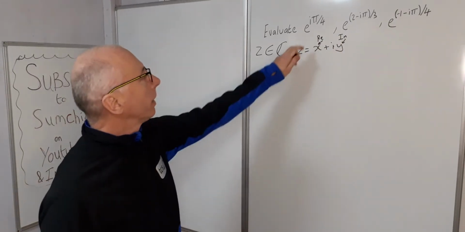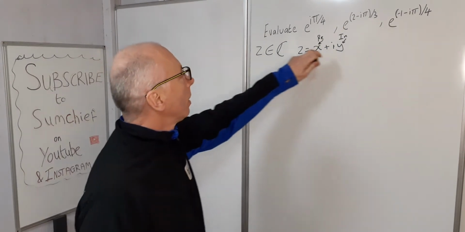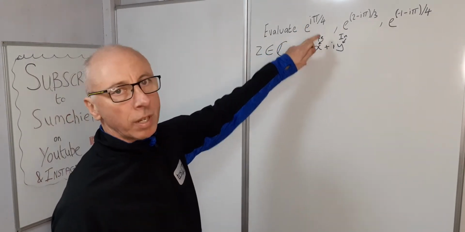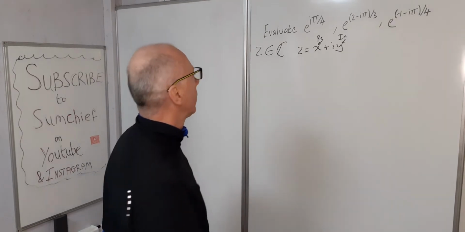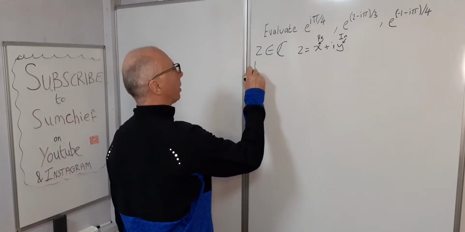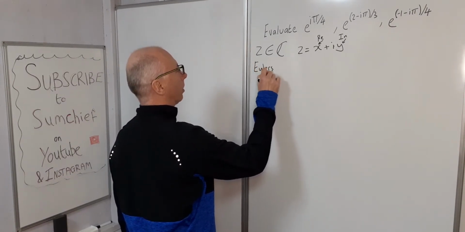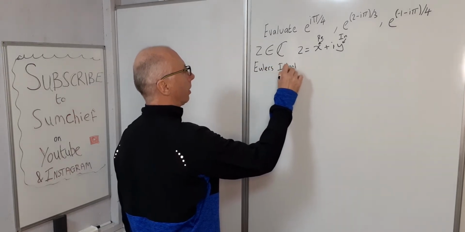Okay, now how are we going to evaluate these? So there's a formula we can use here, world famous formula, Euler's Identity.